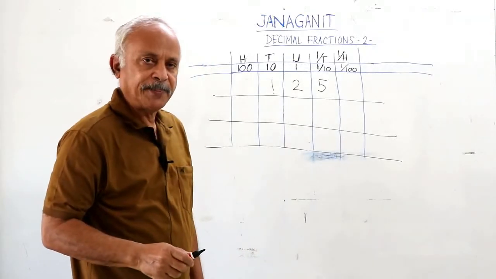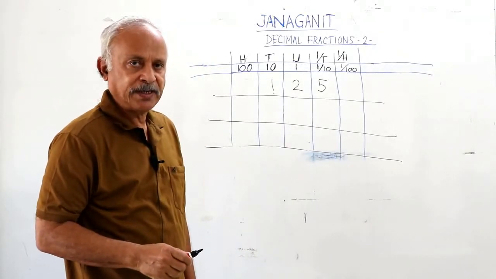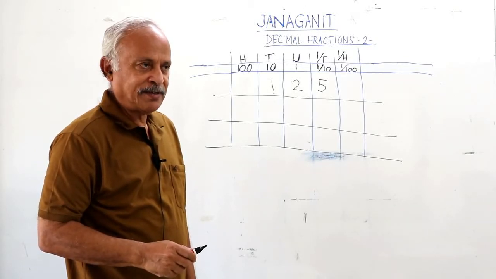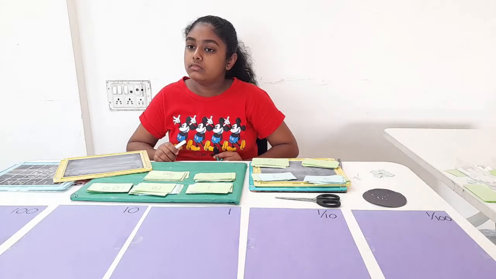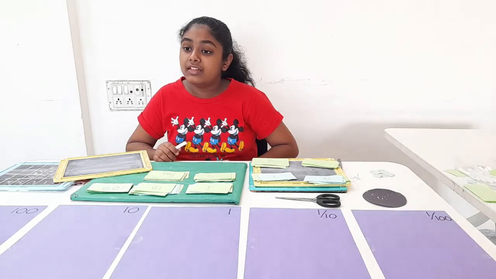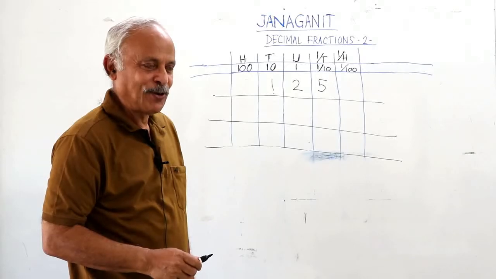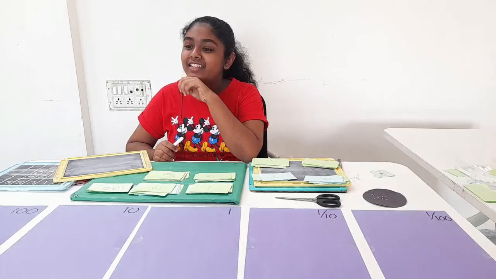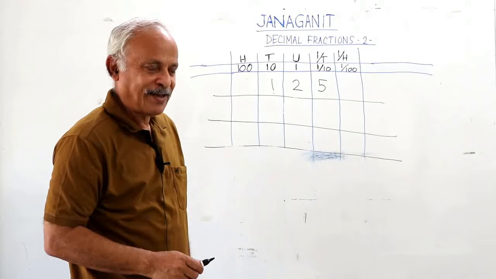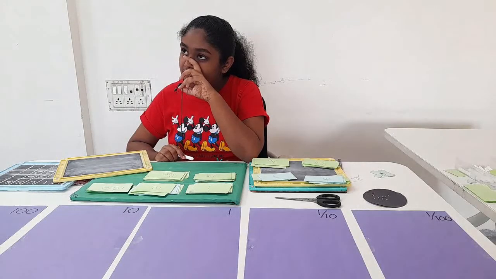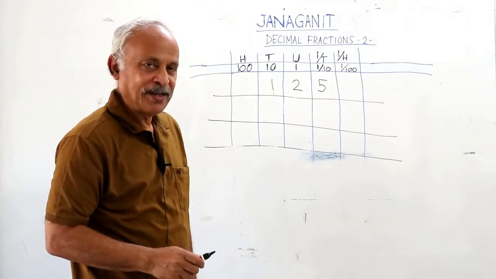What I'm going to write is the number of days in the year. How many days are there in the year? Let's recall, how many months in the year? 12. And how many days? 360. 365 actually, 365.